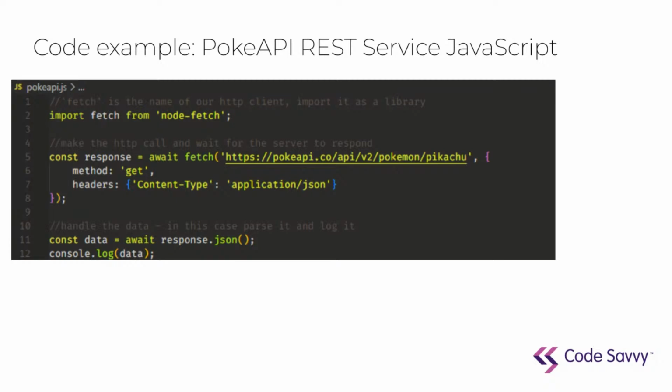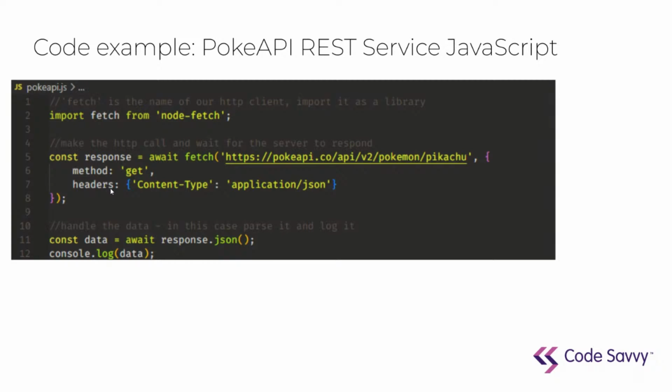So my first line is importing fetch. And then I make my HTTP call. Like we talked about, every HTTP call has a URL, which is here. There's /Pokemon, and then I'm passing in the Pokemon I want. This is a GET request, as we saw from the documentation. And headers is a list of headers I'm passing along.